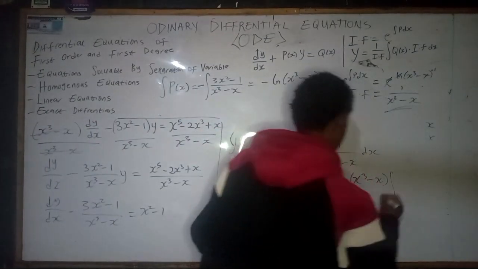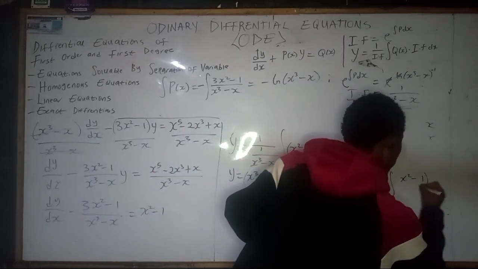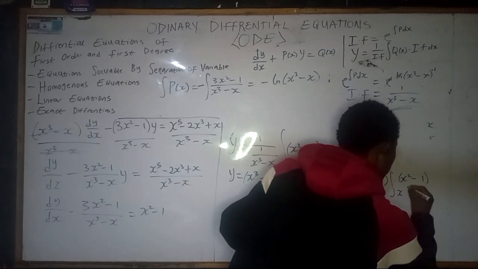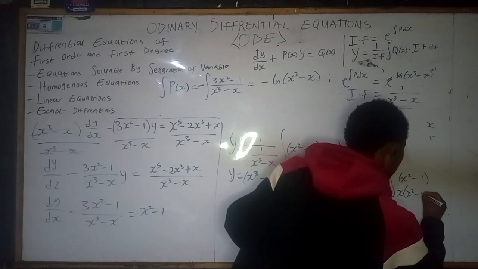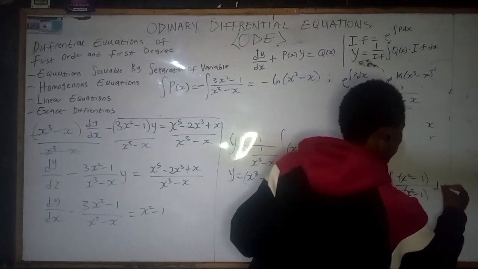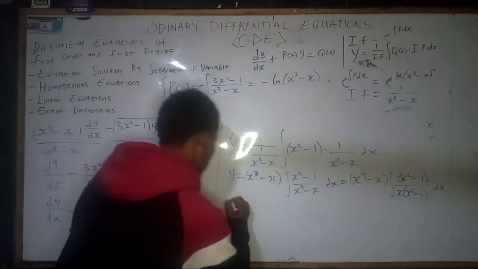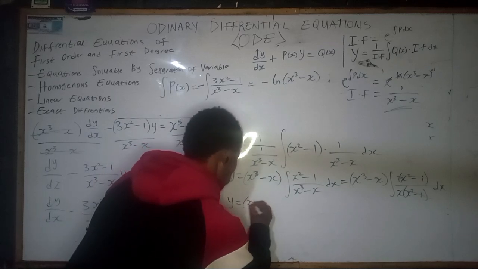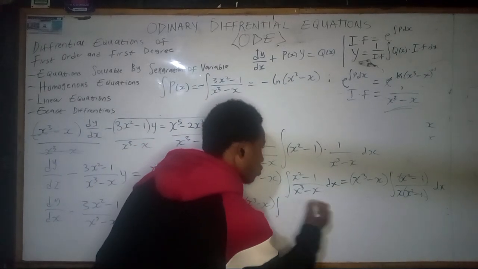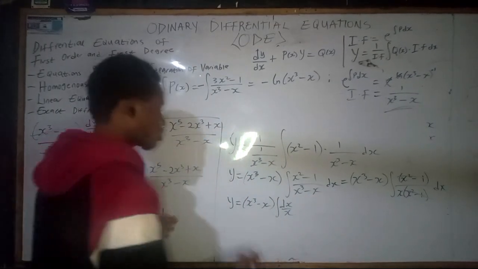Then we have our integration of our x squared minus 1, which is up. And if we bring x from here, we have x into bracket x squared minus 1. So therefore, x squared minus 1 cancels x squared minus 1 there. And we can continue as our y is equal to x cubed minus x times the integration of the x over x, which would eventually give us the x.